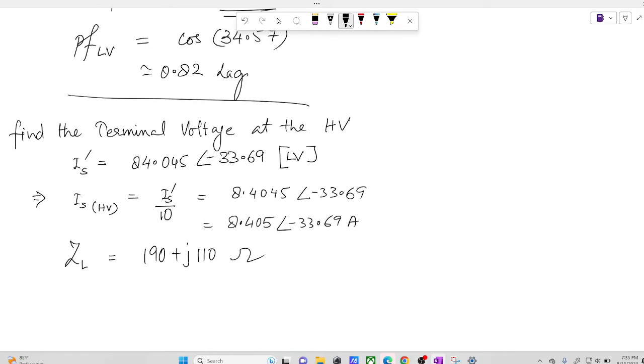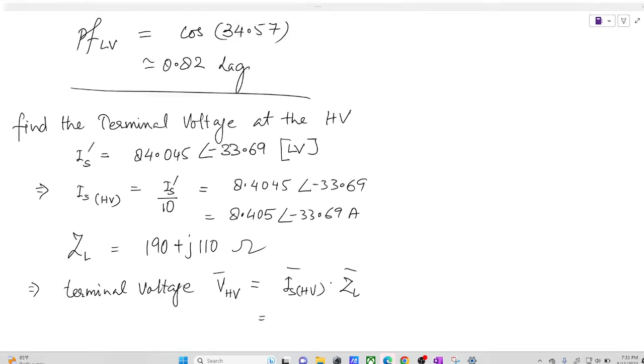So what will be the value of the terminal voltage V? Voltage V on the high voltage side is equals to IS HV into ZL.